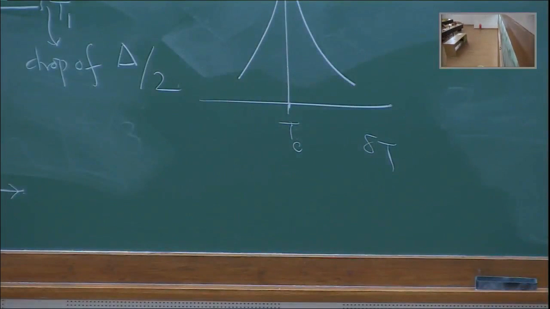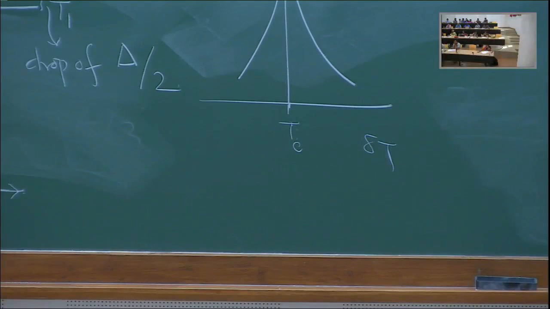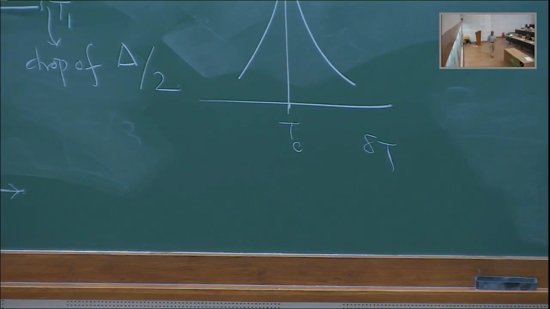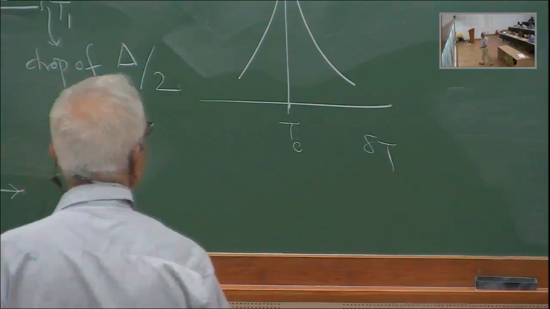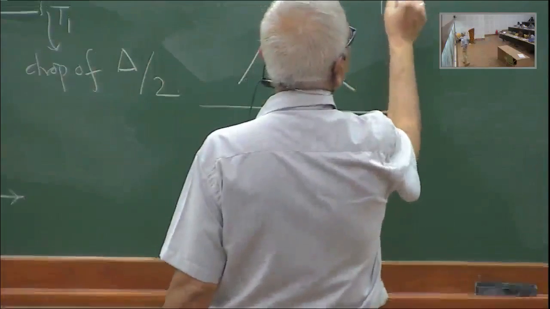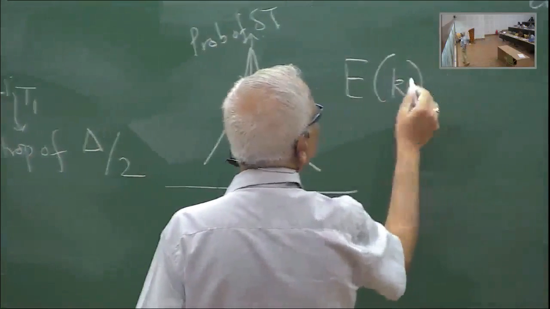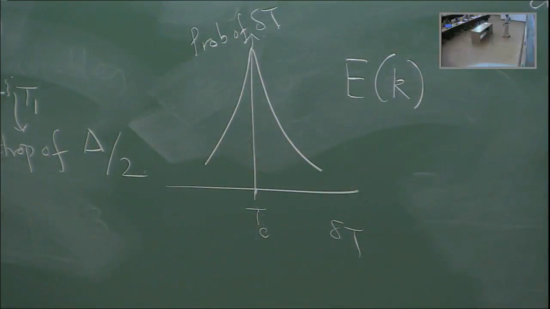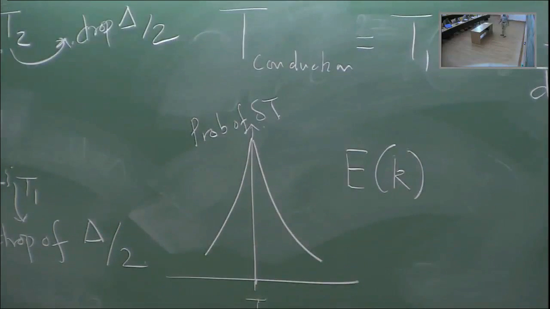So what is of interest? Certainly this energy spectrum that we talked about, E of k, is going to be of interest. There would be a corresponding thing, as we'll see, about the temperature fluctuation spectrum.